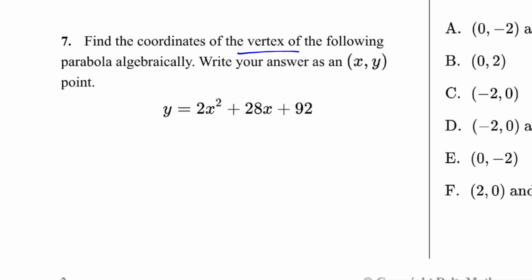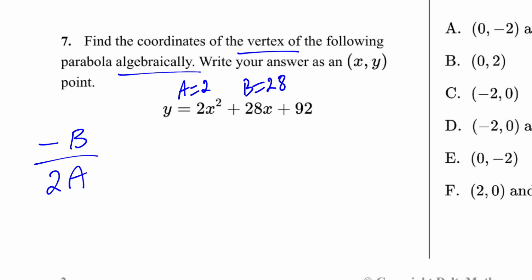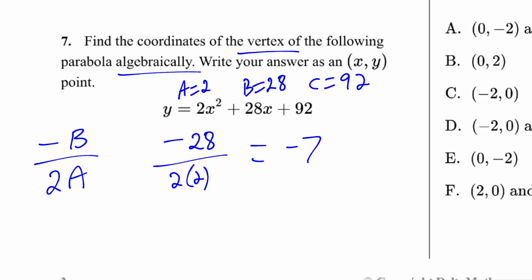Coordinates of the vertex using the algebraic formula. So we're going to use -b divided by 2a. And here we recognize that a is 2, b is 28, and c is 92. So if we plug in these values, we have -28 divided by 2 times 2, which is just -7.